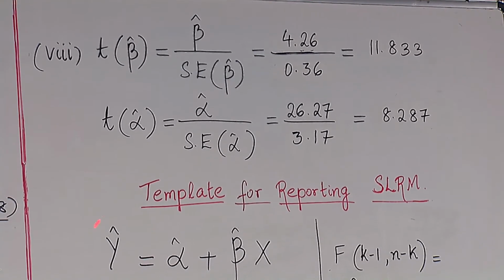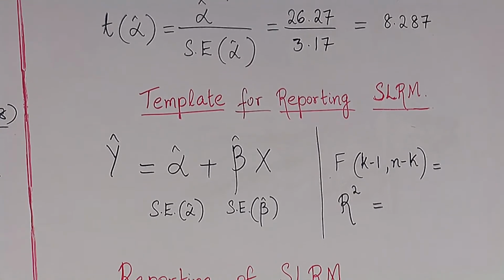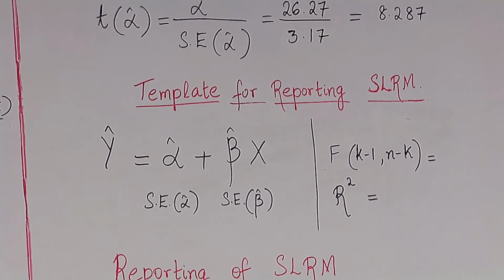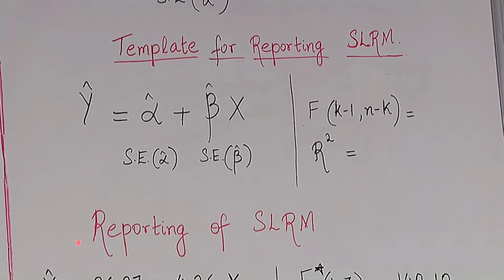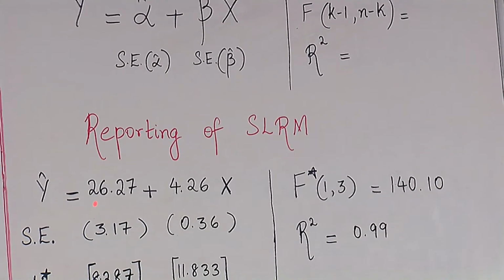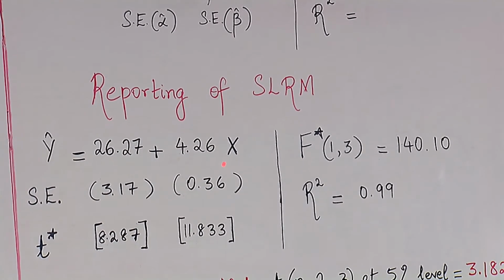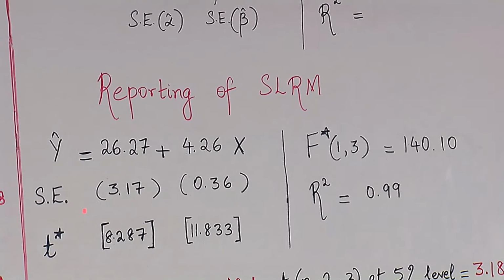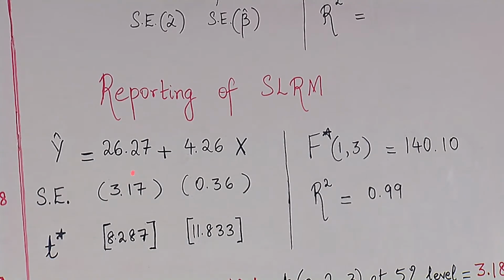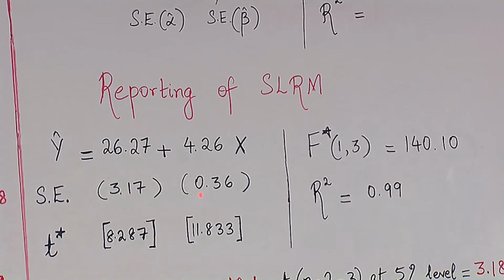Following the template that we already know, we go with the reporting of SLRM model for this cost function. So, here in this cost function, y hat is estimated as equal to 26.27 plus 4.26 x. The standard error value for alpha hat is 3.17 and for beta hat is 0.36.